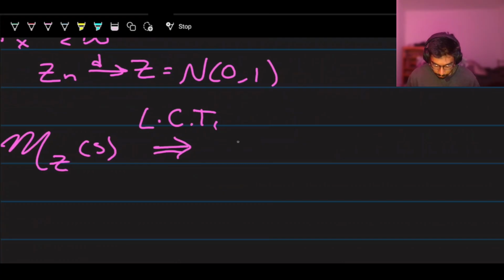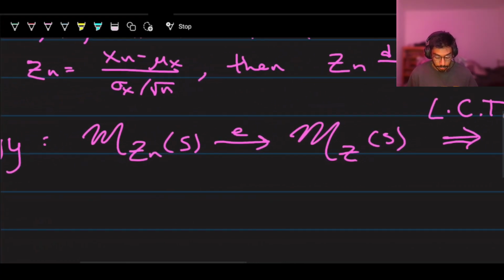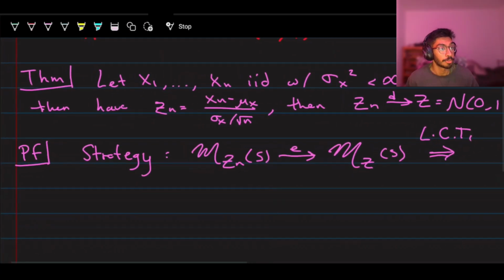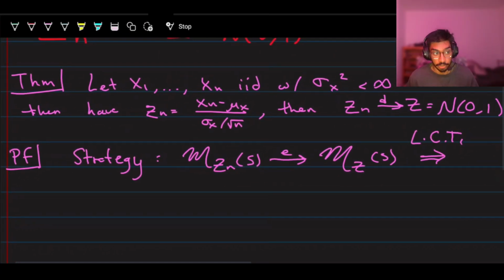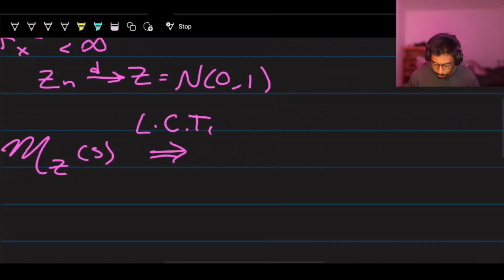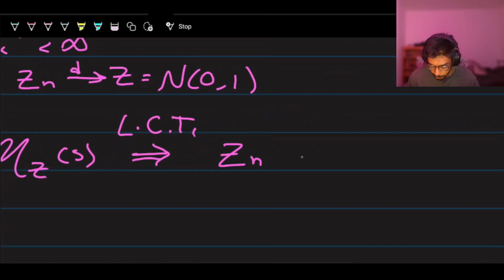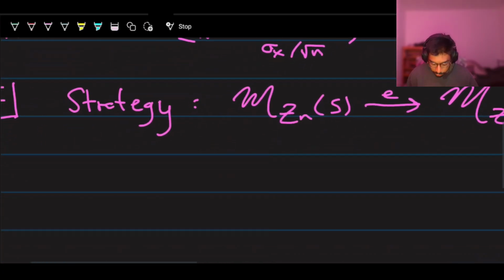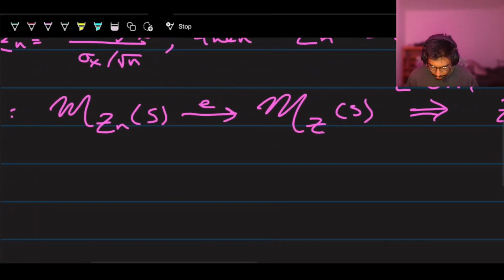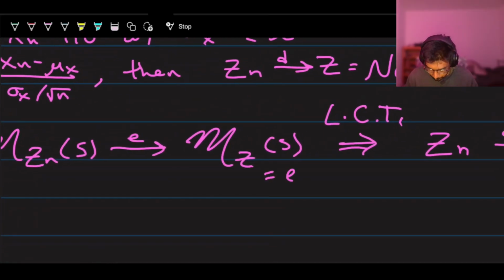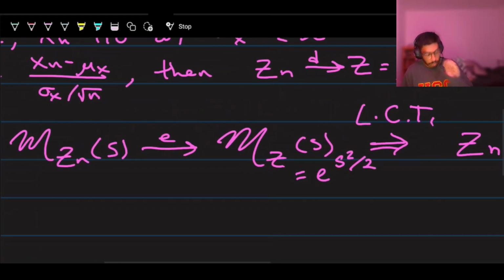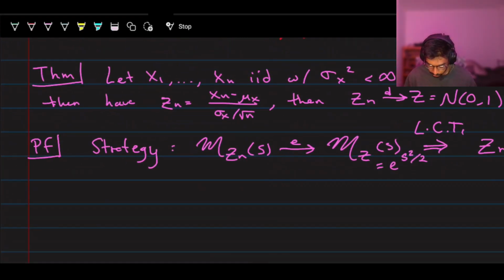Given pointwise convergence of moment generating functions, or even characteristic functions, Levy's continuity theorem shows us that our random variables converge in distribution. So this is the strategy we're going to take, and then we can get started.